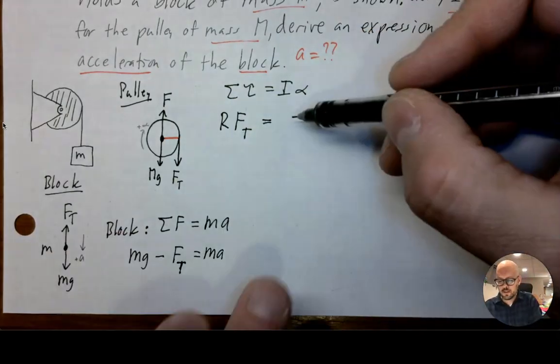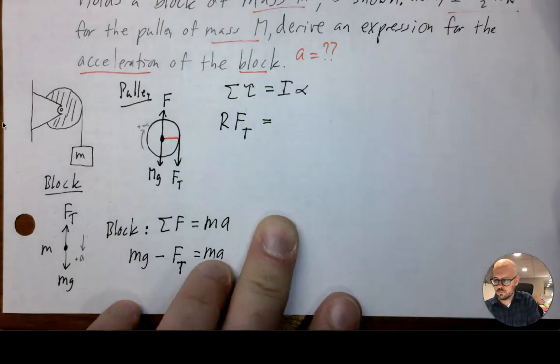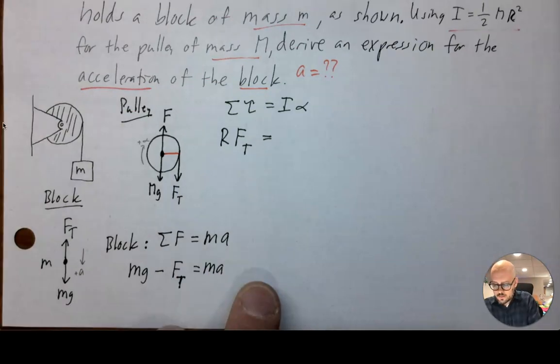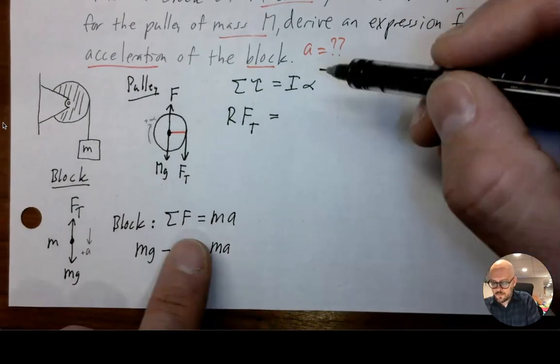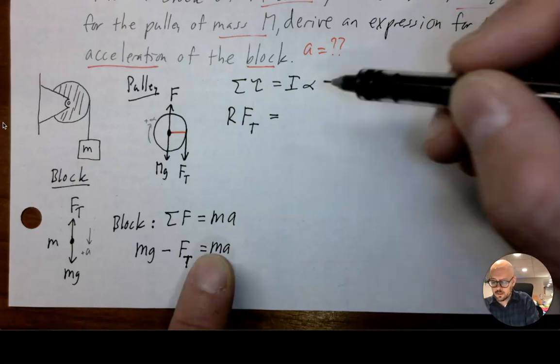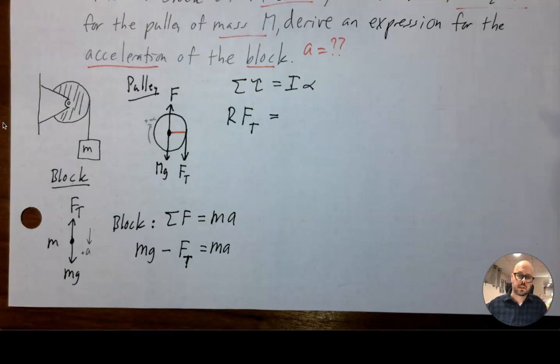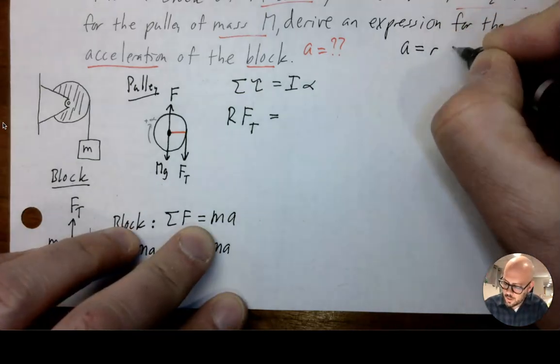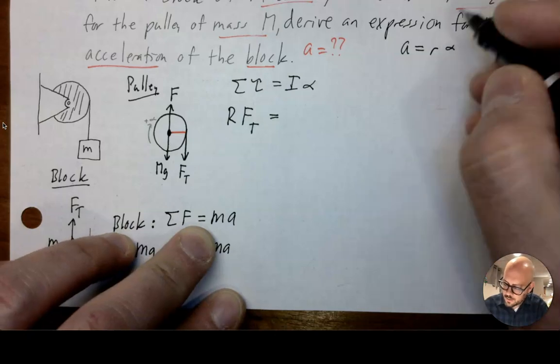Now, before I put anything into this equation, I just want to remind you, I equals 1/2 mr squared. And I'm going to have to combine these equations at some point in time, so I'm going to need linear acceleration in both of them. And linear acceleration is equal to r times angular acceleration.